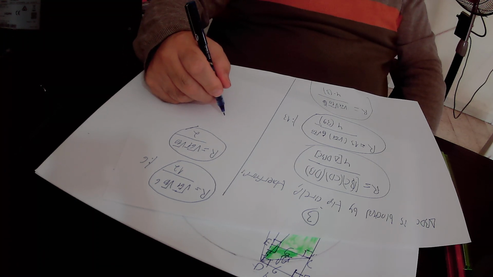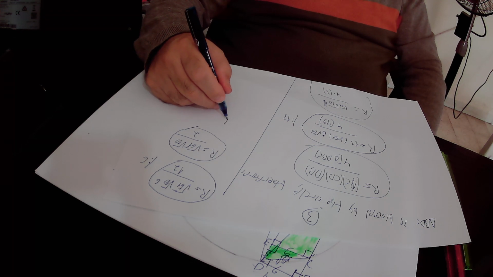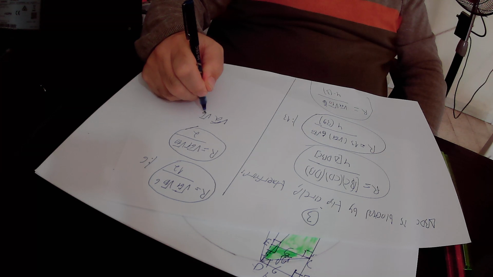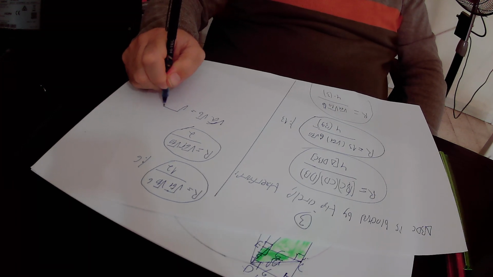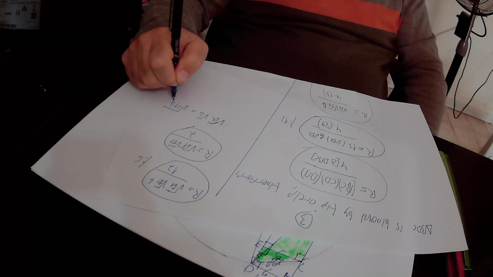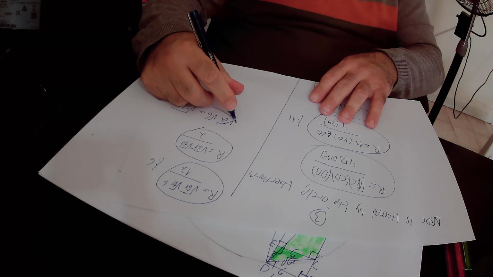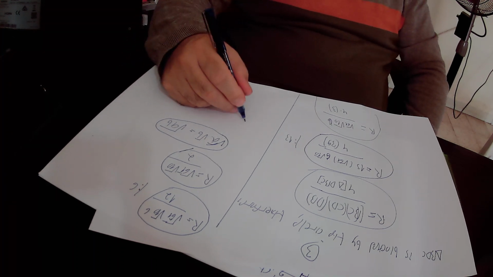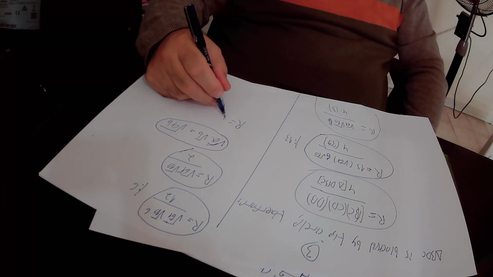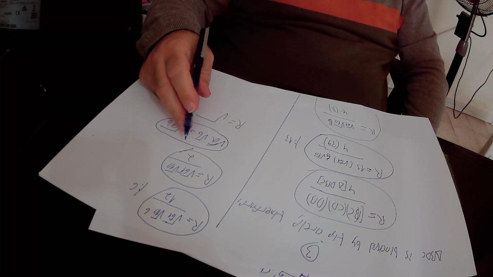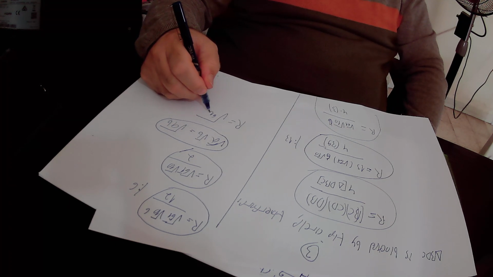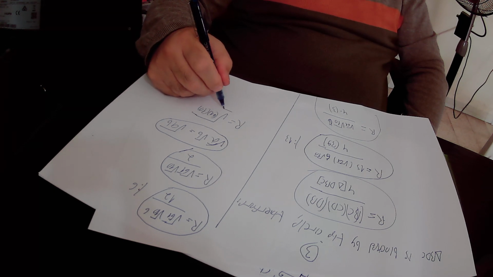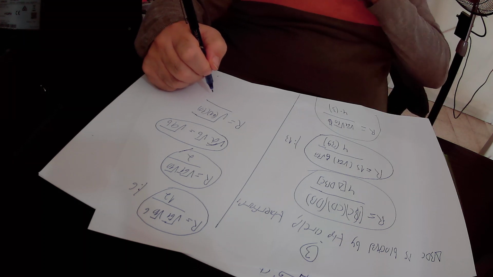Here we'll use the algebraic identity that states that the square root of A times the square root of B equals the square root of A times B. According to this algebraic identity, we get that the square root of 61 times the square root of 10 equals the square root of 61 times 10, all divided by 2.